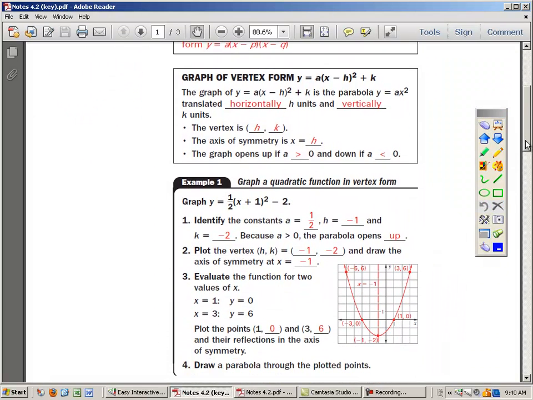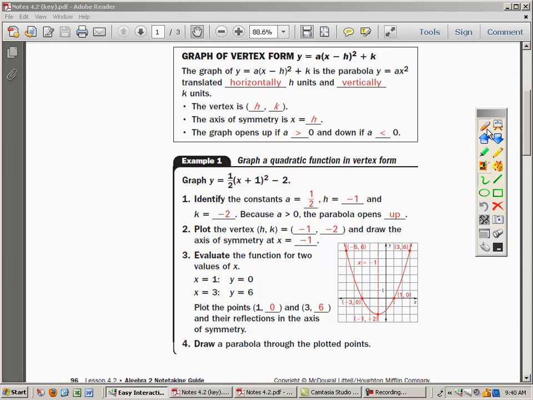The graph of a quadratic that's in vertex form says y equals a times x minus h squared plus k. Now, I want you guys to think back to our previous chapter. We talked about absolute value graphs.